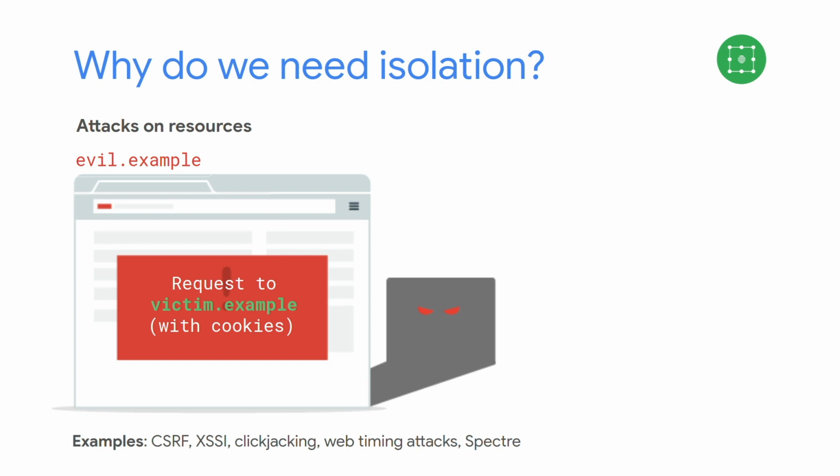And once it's in an attacker-controlled document, the attacker can usually infer some information about it. For example, if you've heard about Spectre and Meltdown, those are some new, fairly dangerous attacks that allow leaking data from other sites in this scenario.